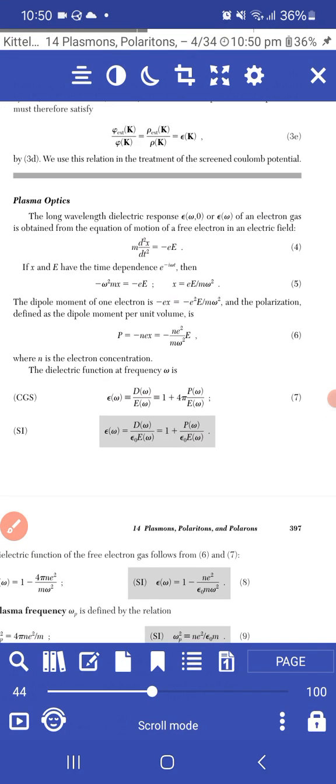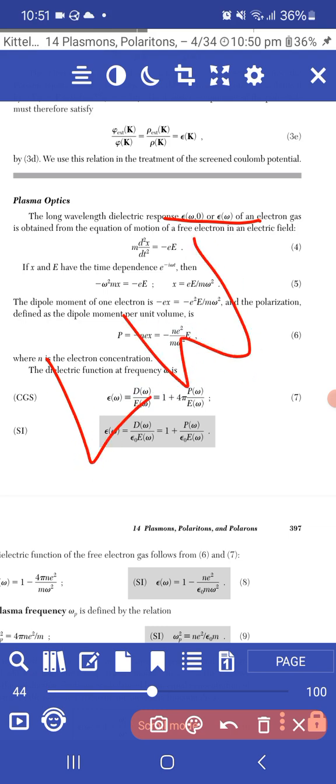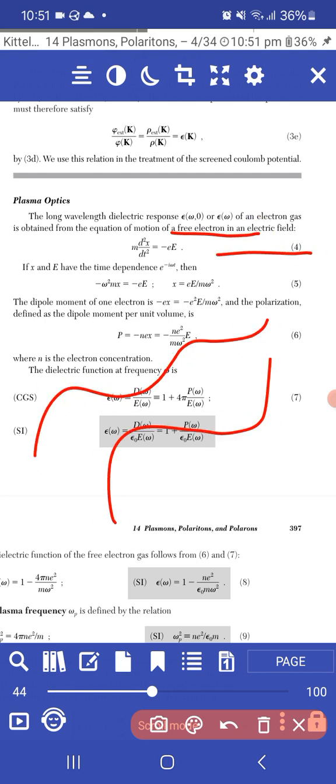Here, plasma optics: the long wavelength dielectric response, epsilon of omega, comma zero. The long wavelength dielectric response of an electron gas is obtained from the equation of motion of a free electron in an electric field.